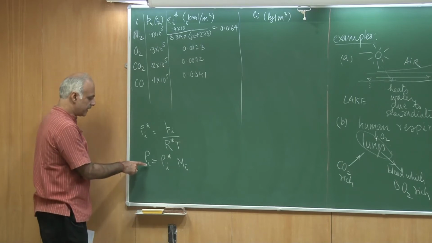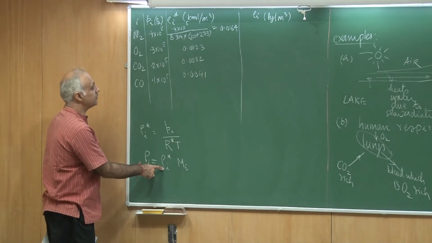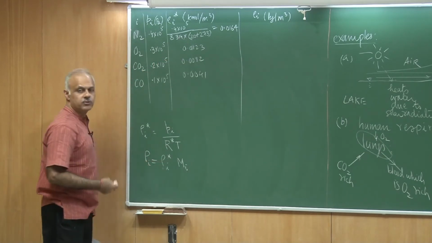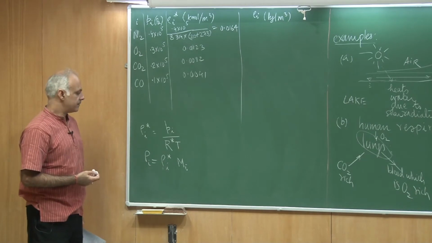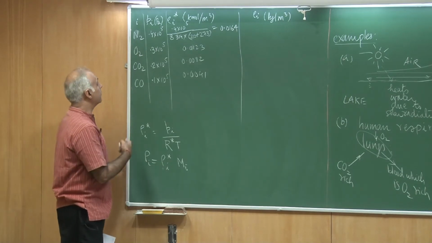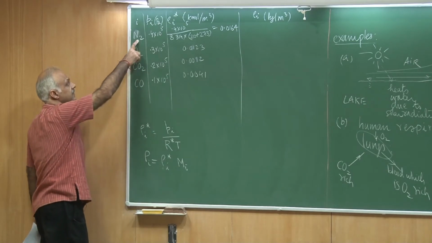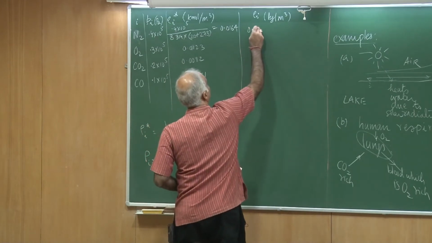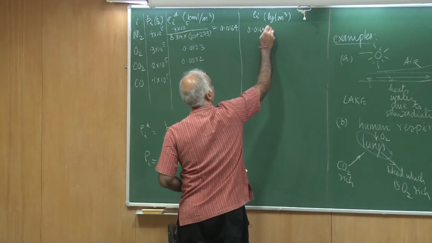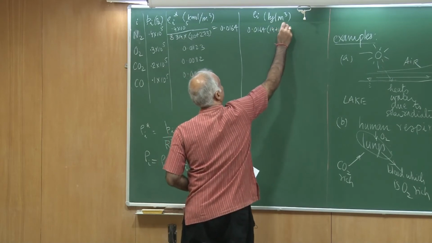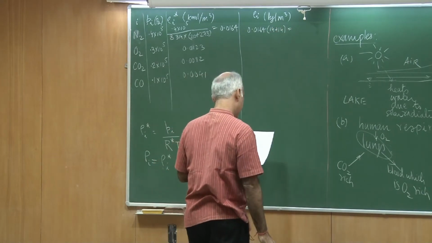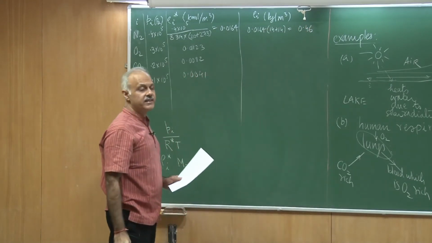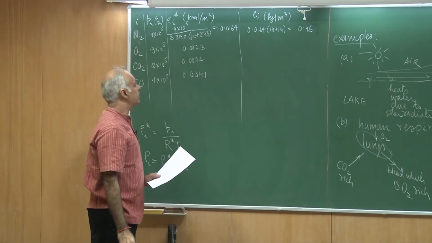So suppose I want to get it for nitrogen, then I have already estimated what is rho star for nitrogen, that is this number, and I just have to multiply it with the molecular weight. So what is the molecular weight of nitrogen? So it is a diatomic gas, 14 plus 14. So therefore this number is going to be 0.0164 times 14 plus 14, and let me give you the answer, that is 0.46, and the units I have already written, kilograms per meter cube.